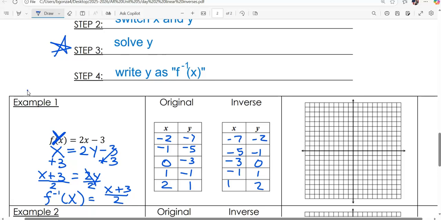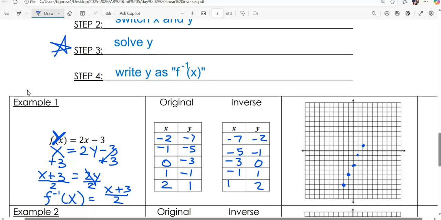Graph them both, right? So let me show you. -2, -7, -1, -5, 0, -3, 1, -1, 2, 1.